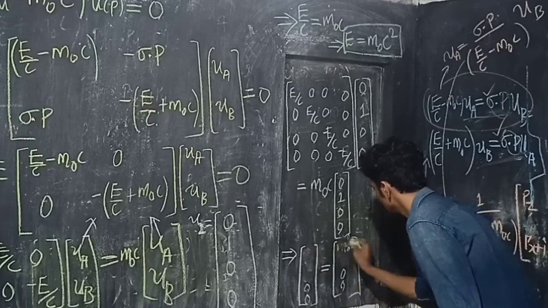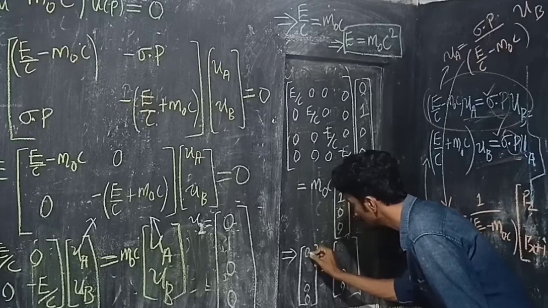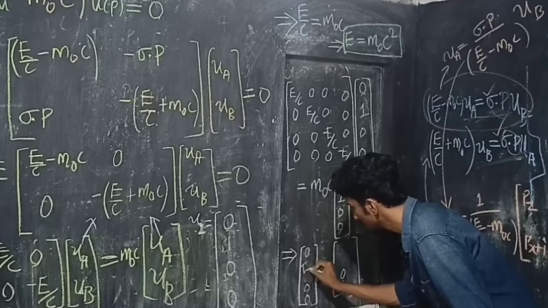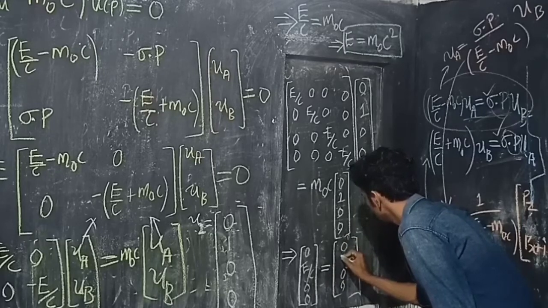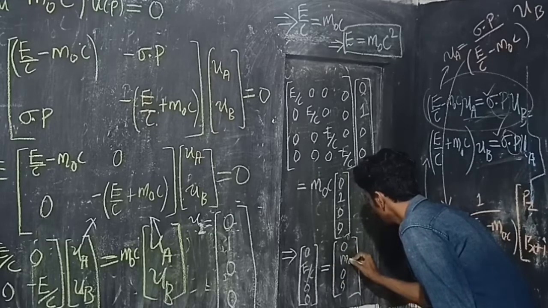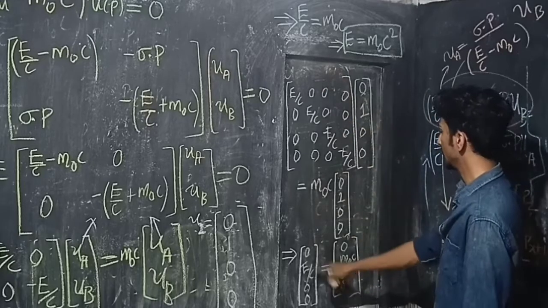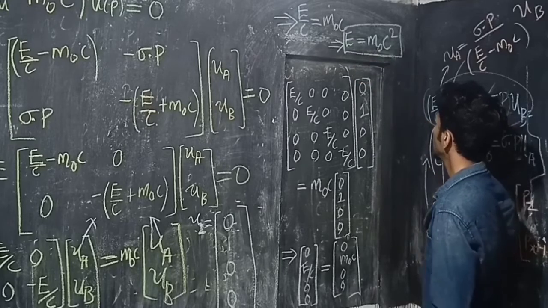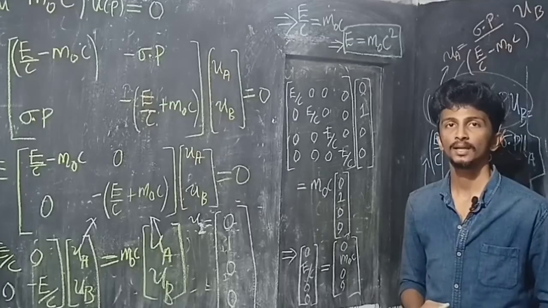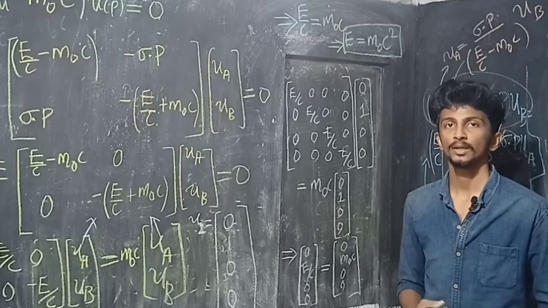So we get 0 here, E by C here, 0 here, m naught C here, and that also gives E by C is equal to m naught C, and that gives E is equal to m naught C square. So we can say that the U1 and the U2 spinors are positive energy solutions of the Dirac equation.